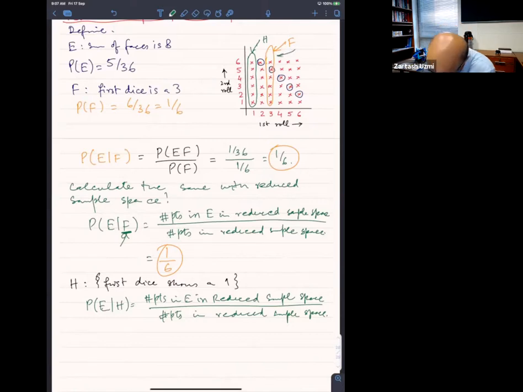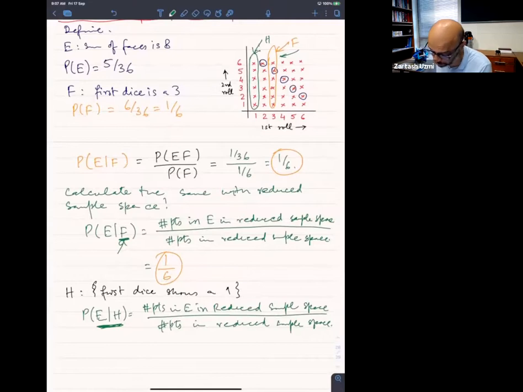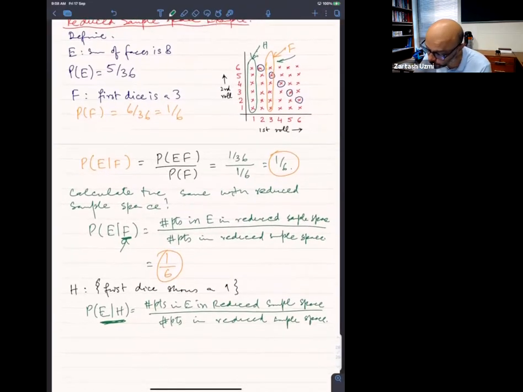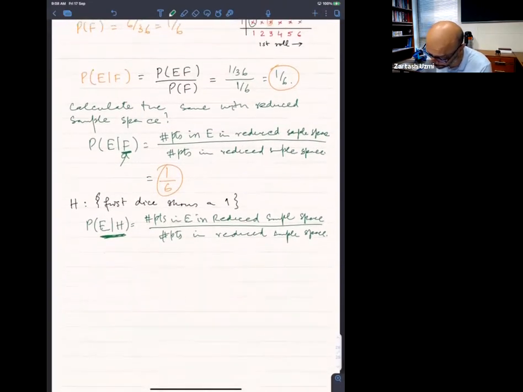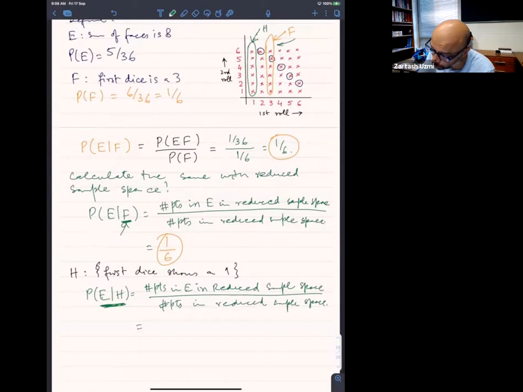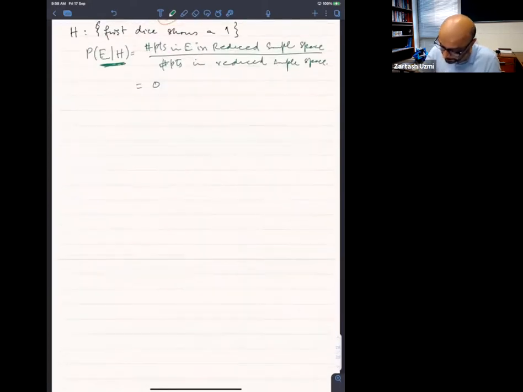When H is given, your reduced sample space is this green one. So now what is the number of points in E in the reduced sample space? See, there is no overlap. The blue one does not overlap with the green at all. So this is going to be 0. Makes sense?